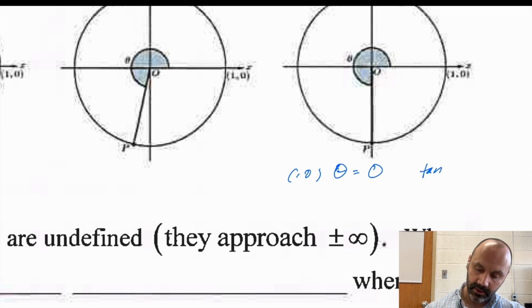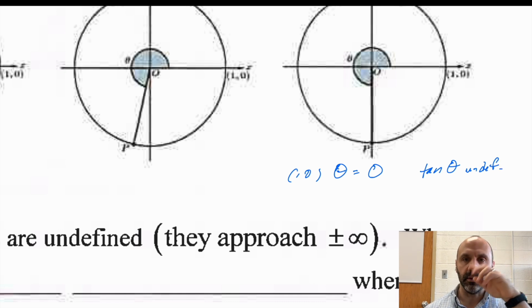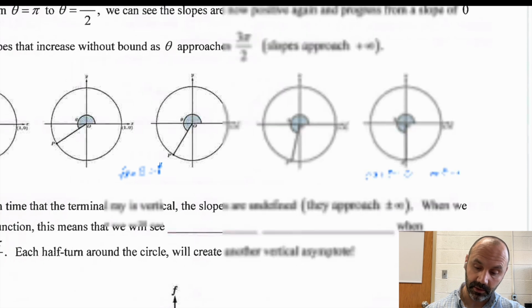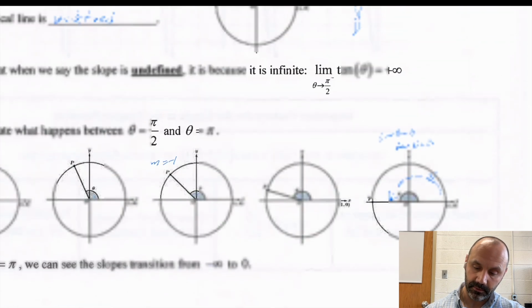So again, tangent of theta is undefined. But notice here that it's a positive value. Sine over cosine, both are negative in the third quadrant. So we have positive values for tangent going from 0 up through 1, and then through now to another asymptote at 3 pi over 2.